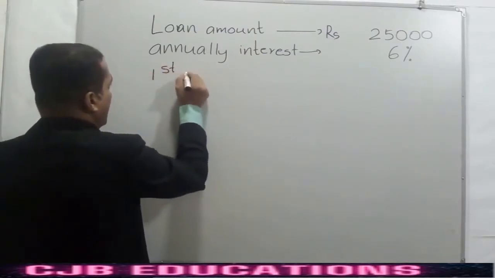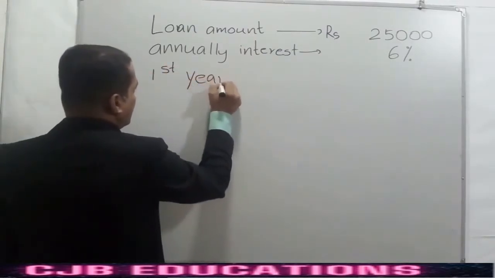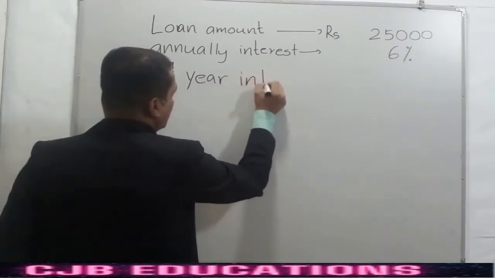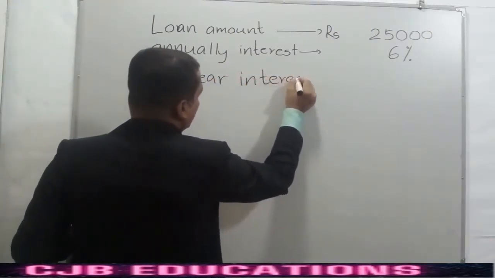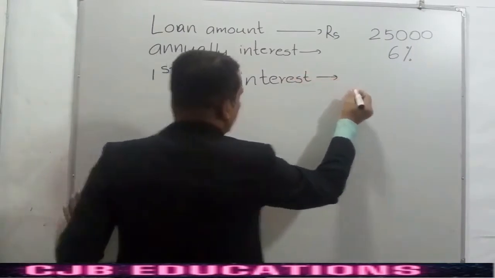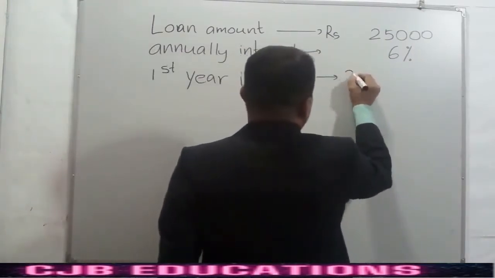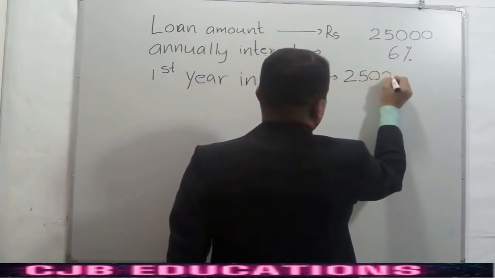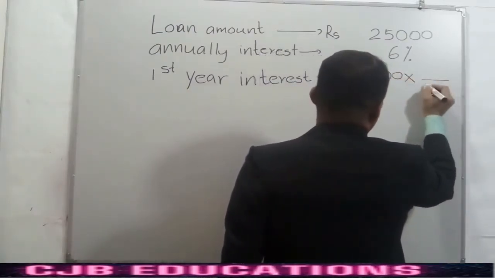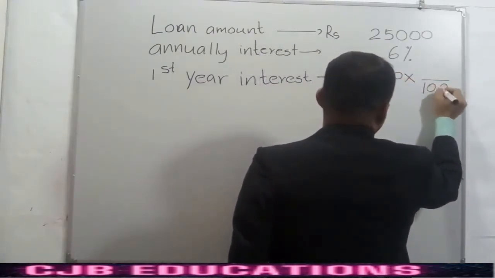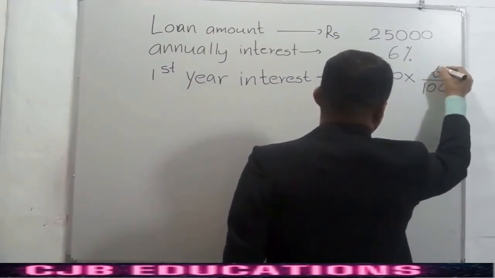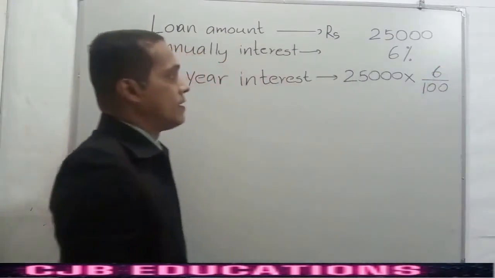The first year interest we can find as 25,000 multiplying by 6 over 100.